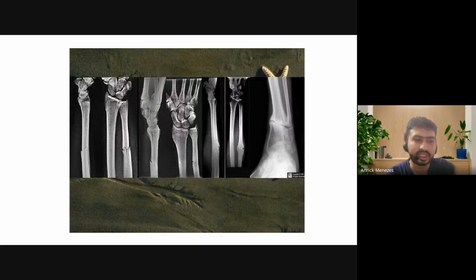Smoking could be one of the things. Diabetes could be one of the things. Poor blood supply, correct. That's why we need to improve the circulation and avoid excessive loading. So that is what we can do.